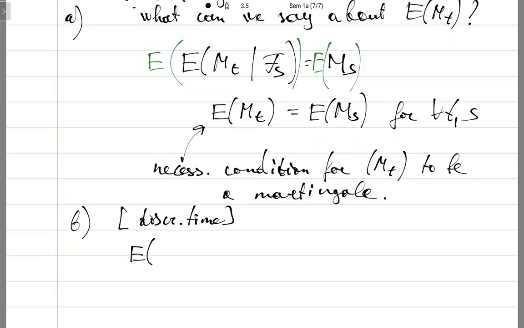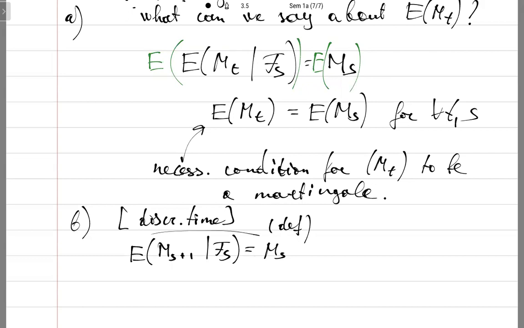The one step ahead best guess, given Fs, should be, according to the definition, Ms, because it should work for any t and s.